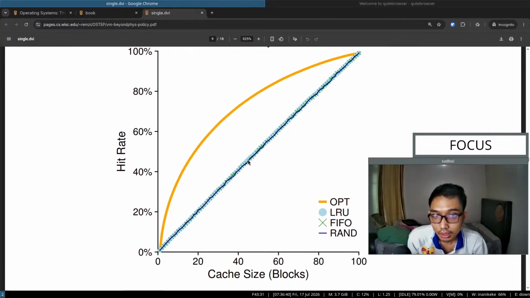That's why I don't really see any significant difference in the graph.